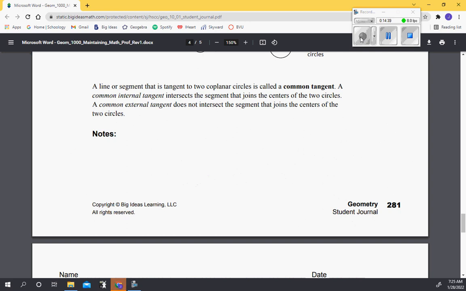Now, there's types of common tangency. There's internal and there's external. Internal tangents intersect the line segment that joins the centers of the 2 circles. So, for example, internal tangents. Let's just say I have two circles.